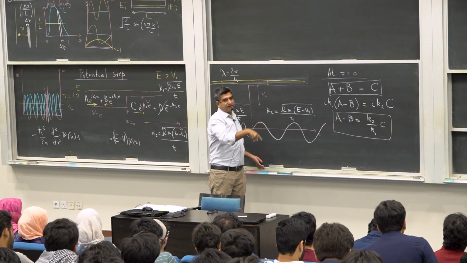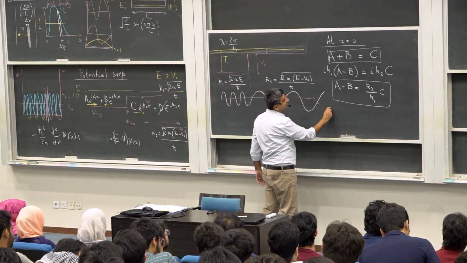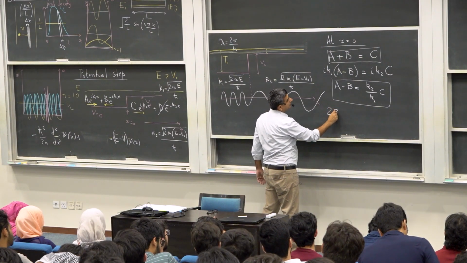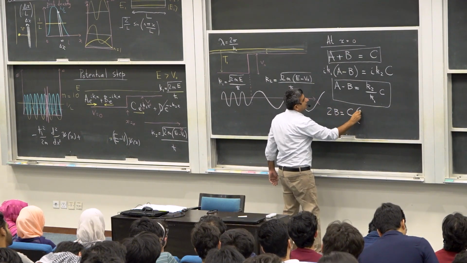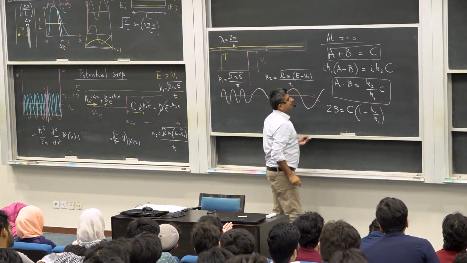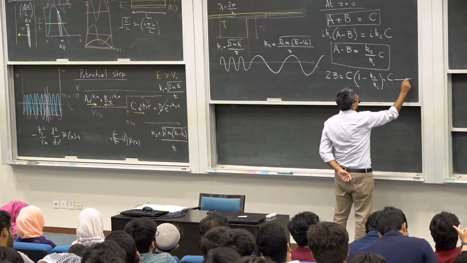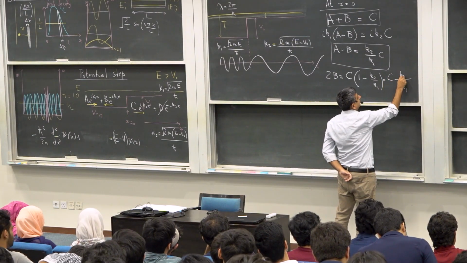If I solve these equations simultaneously, let me subtract the two equations. I will get 2b equals c(1 minus k2 over k1), which means this is c(k1 minus k2).